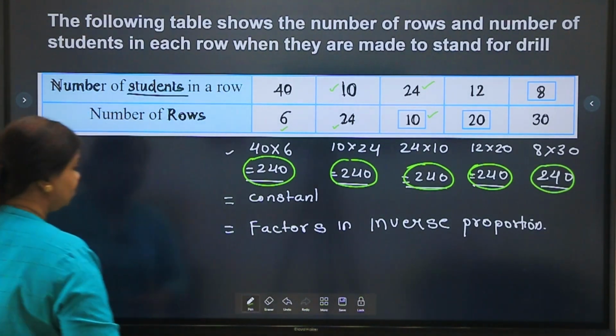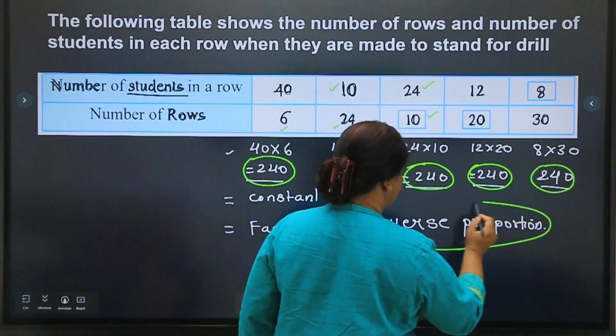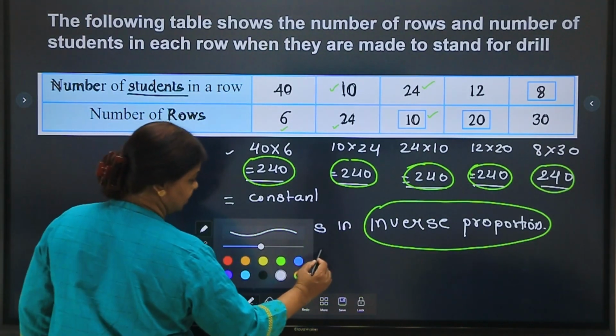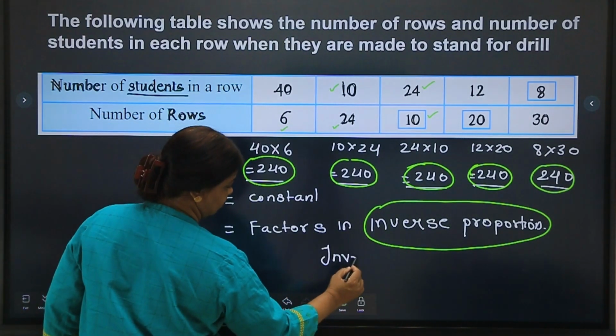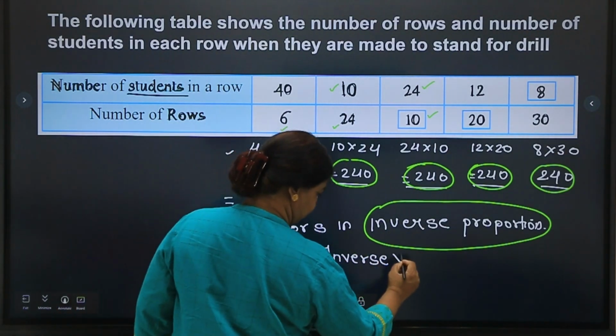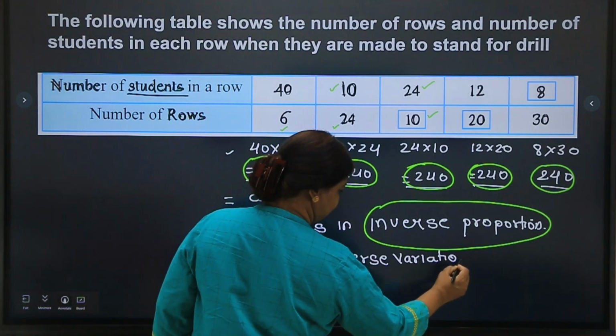Clear? This kind of variation is called inverse variation, or inverse proportion.